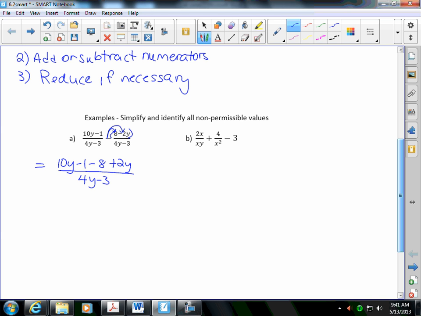So we do that because this is saying minus the quantity 8 minus 2y. It's not written like this, it's written like this. The brackets just aren't in there, but because it's in front of the fraction, that means that you need to apply it to all the parts.